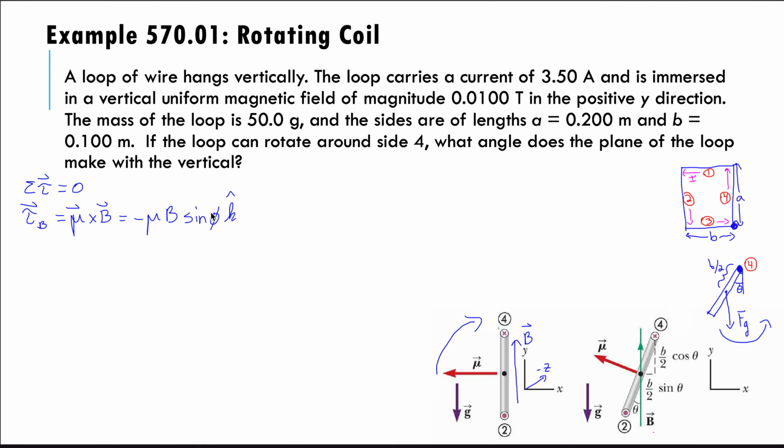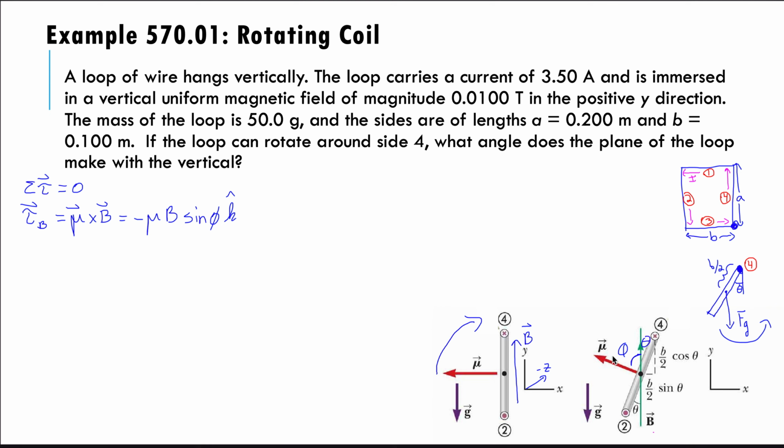So the reason I call this phi is because phi is the angle between mu and B, which I will label right here as phi. But we want to find theta, so we want to go ahead and rewrite this in terms of theta. Notice that theta is the smaller angle here, which is the same angle right here.